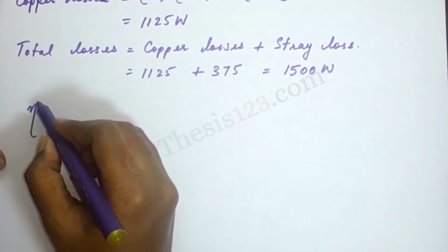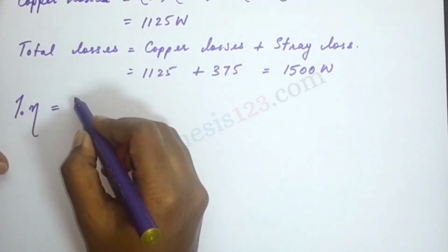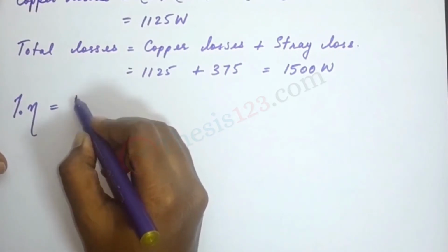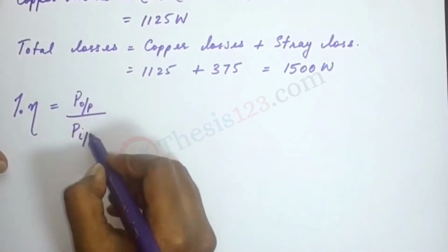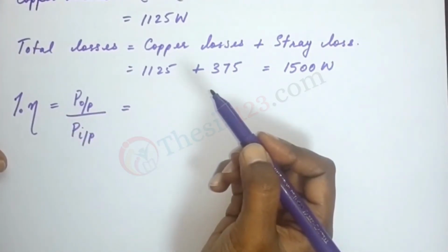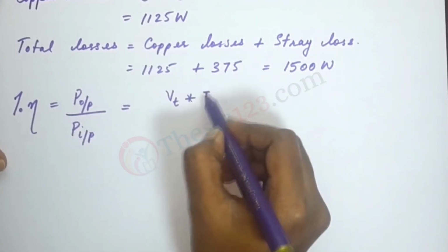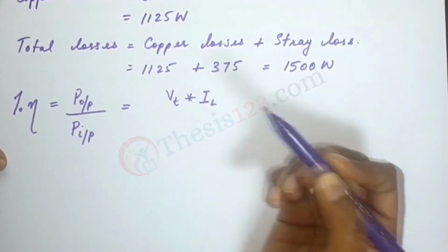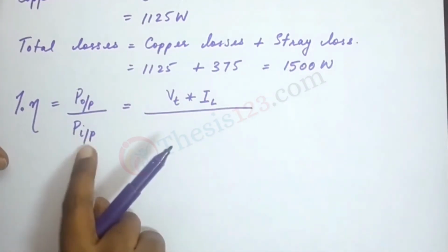The percentage efficiency can be written as the ratio of the power output to the power input. The power output would be the terminal voltage into IL, the current given in the question, divided by the input.